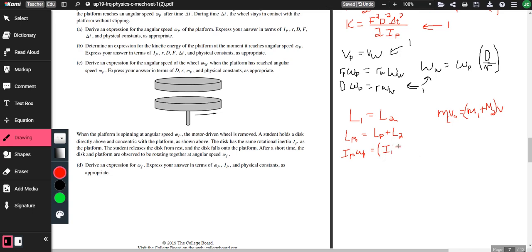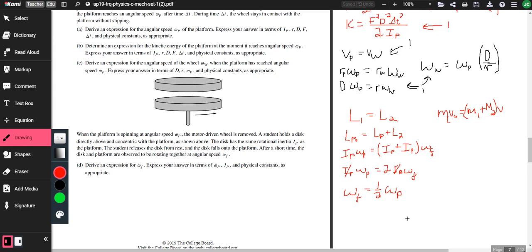So I_P plus, it has the same rotational inertia, so this one's going to be another I_P. And this is what I'm looking for. So this will end up being I_P omega_P equals 2 I_P omega_F. The 2 I_Ps cancel out, so omega_F is equal to 1/2 omega platform.